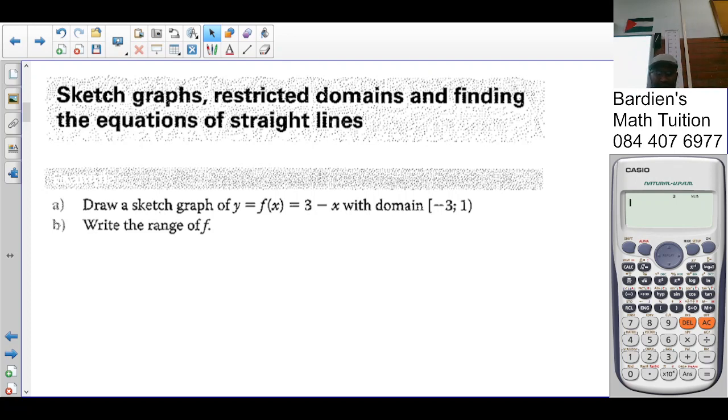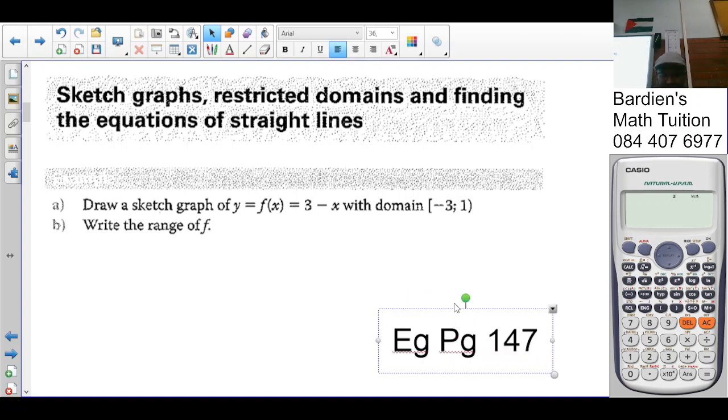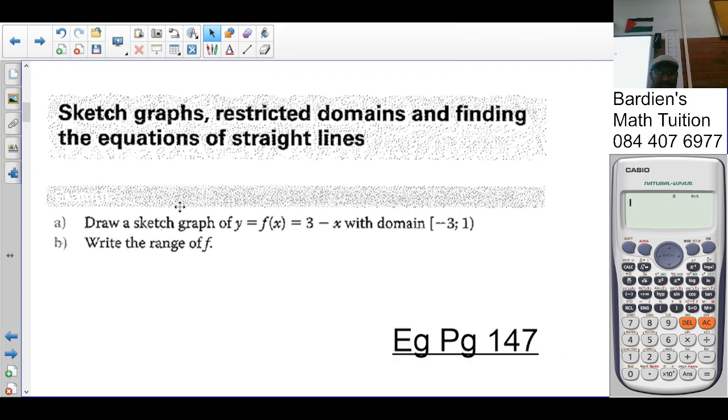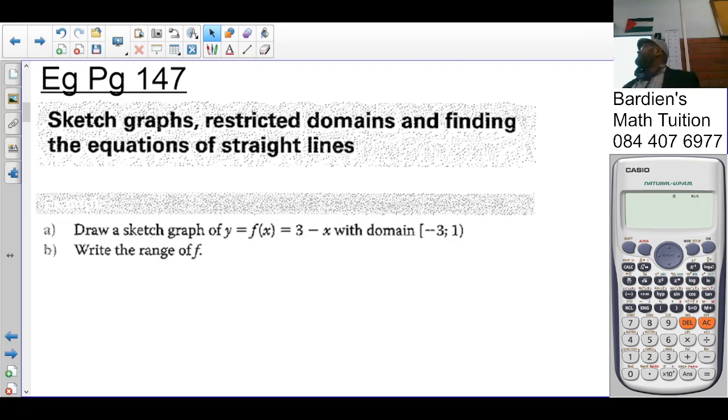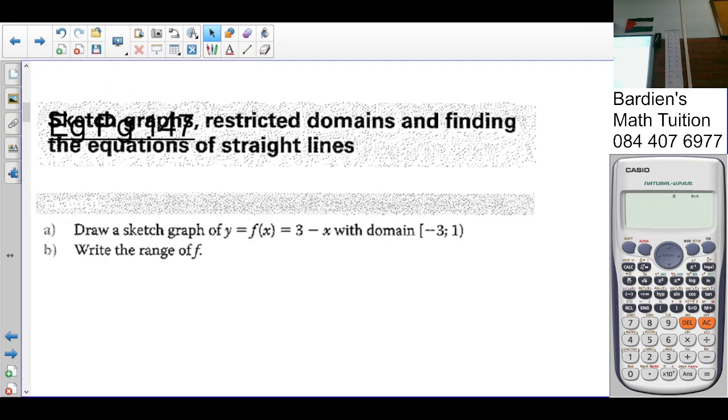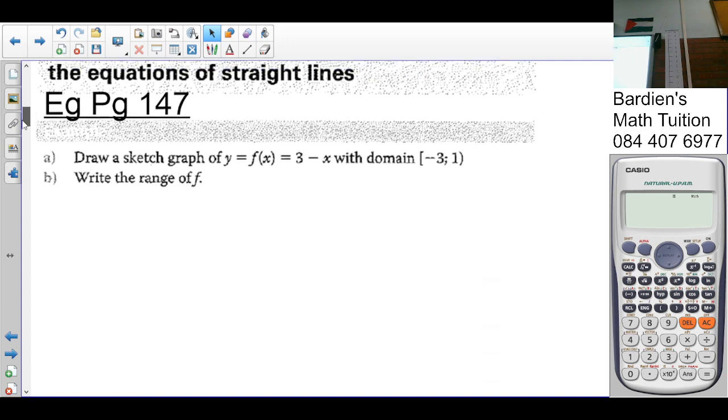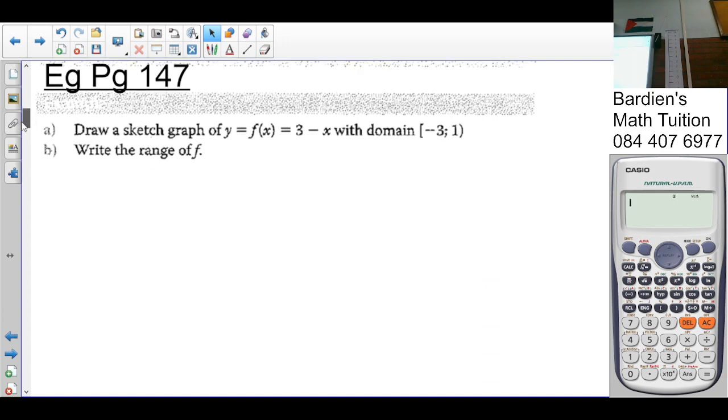Okay, we're on page 147. The example on page 147. Okay, so sketch graphs, restricted domains, and finding the equation of the straight line. The question says, draw a sketch of y is equal to 3 minus x with the domain minus 3 and 0. Okay.